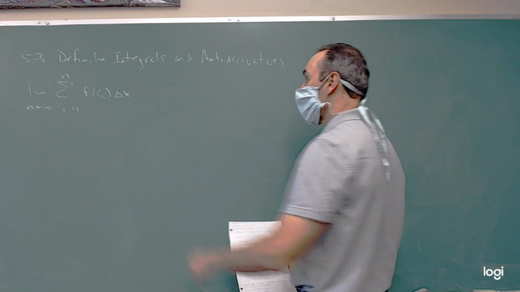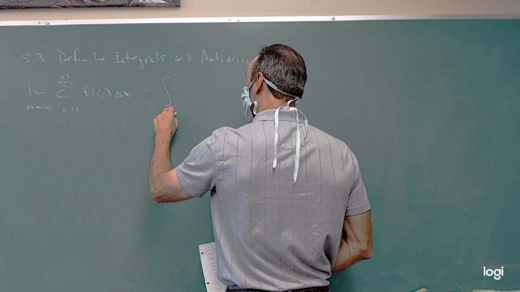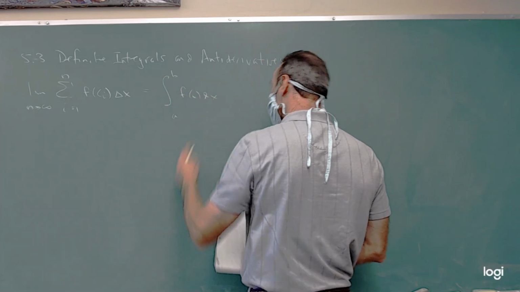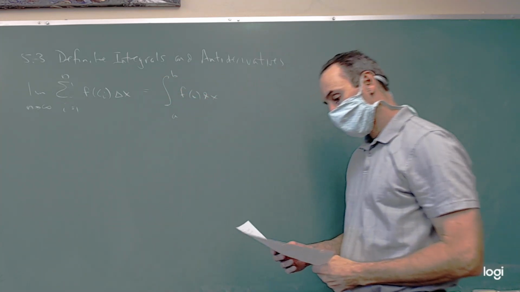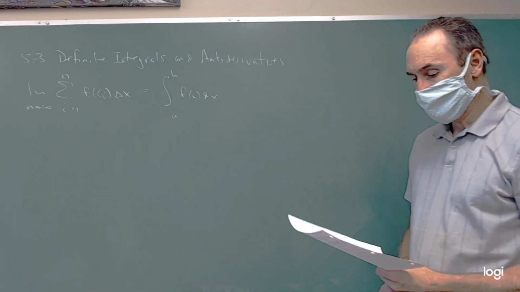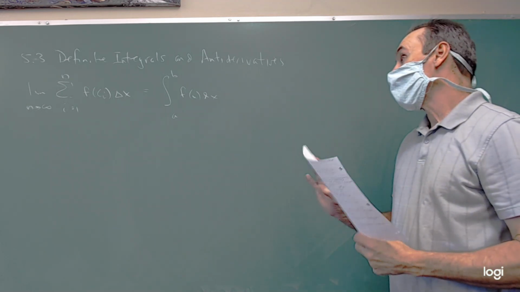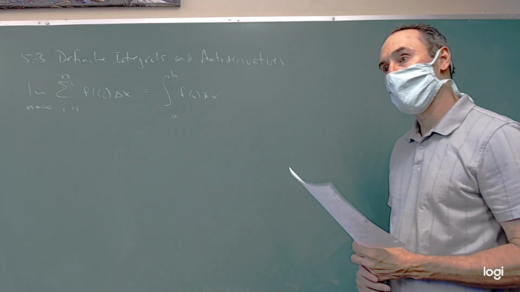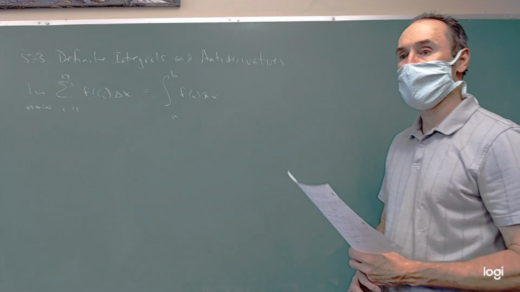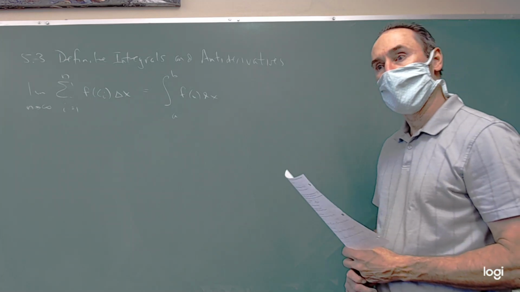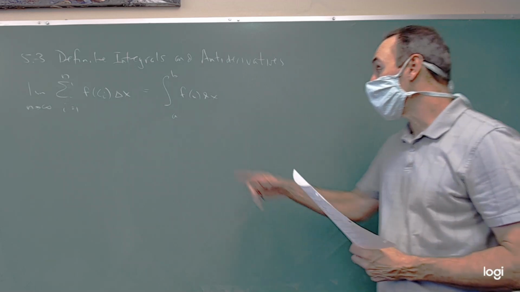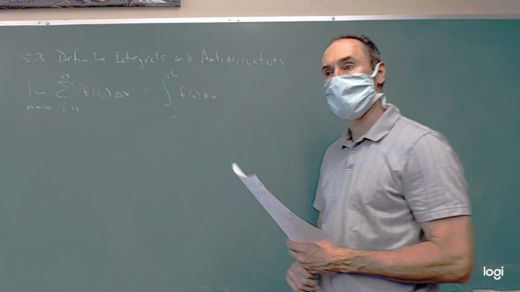And that is what we're defining as our definite integral. We understand that this is not a true area, it's kind of a net area. If we want the true area, then we have to be careful and make sure that our curve is above the x-axis, and that our limits go from small to big.